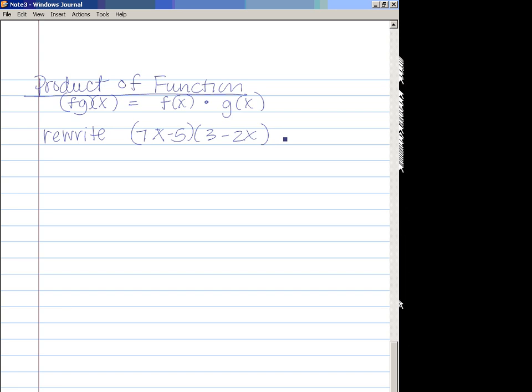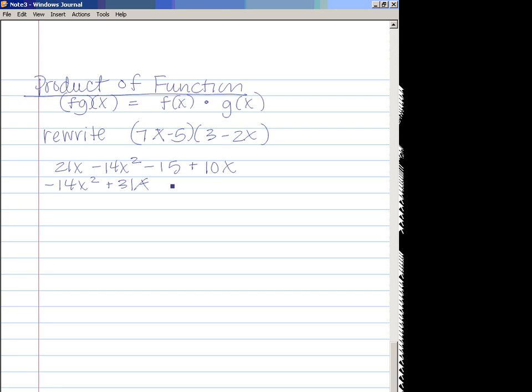You can use whichever method you like to expand this out. I'm just going to do straight distribution. So 7x times 3 is 21x. 7x times negative 2x is negative 14x squared. Then we have negative 5 times 3 is negative 15. And then negative 5 times negative 2x is 10x. So once I combine and reorder, I get negative 14x squared plus 31x minus 15. So if you were asked just to find f times g of x, this is where you would stop.